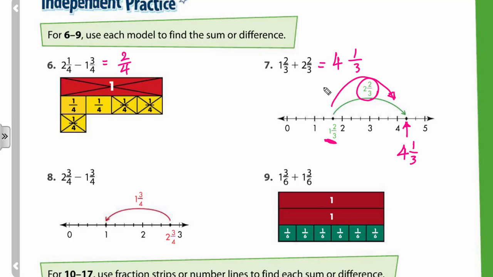Okay, my heroes. Malik Salman. Yes, mister. Okay, go ahead, Malik. Question number 8. We start with 2 and 3/4, then we move to the left, 1 and 3/4. So, what is the answer?